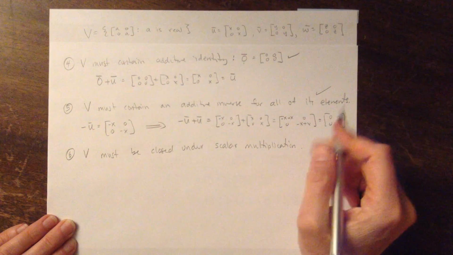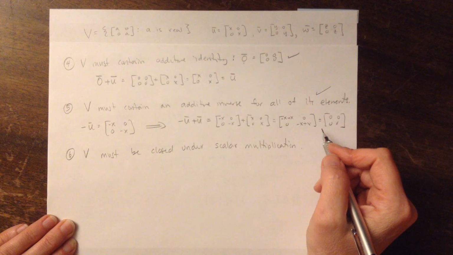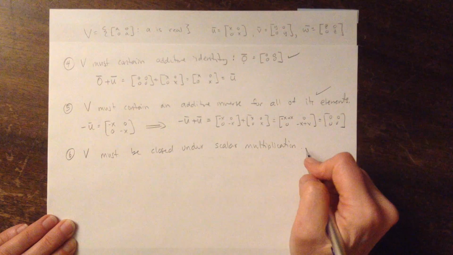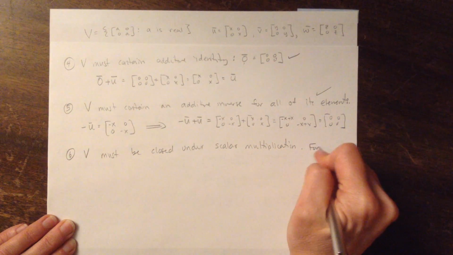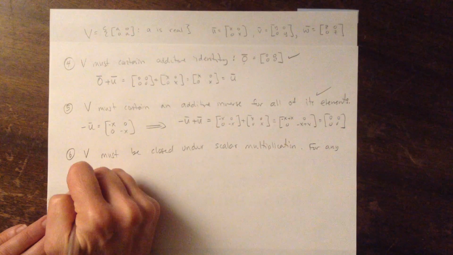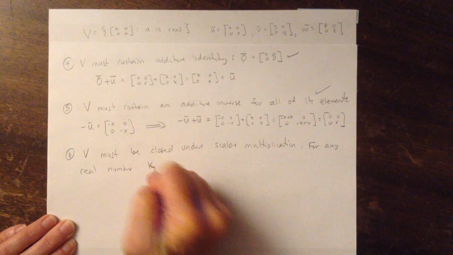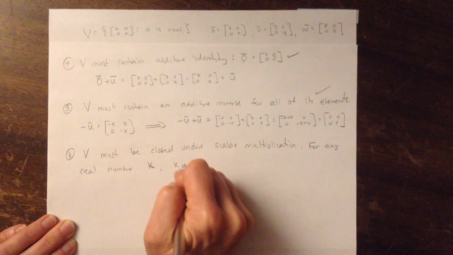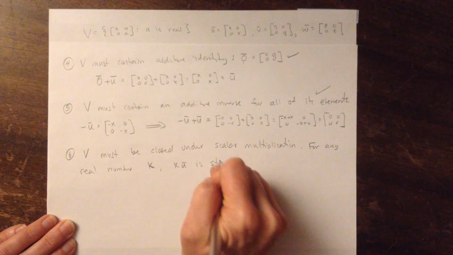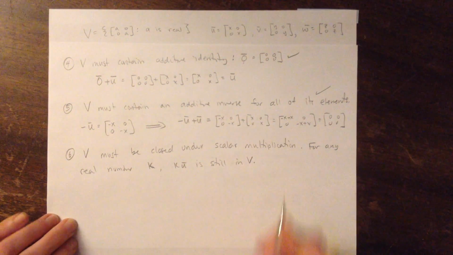So that is, and scalars in our vector spaces are always going to be real numbers. So for any real number k, k times u is still in V.